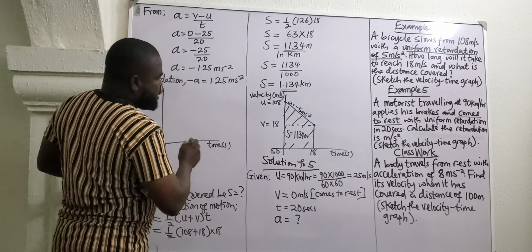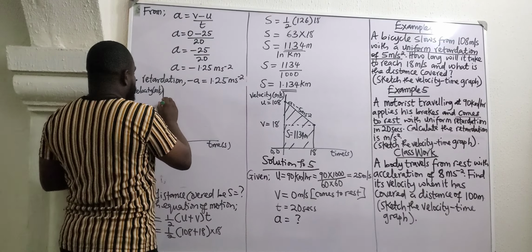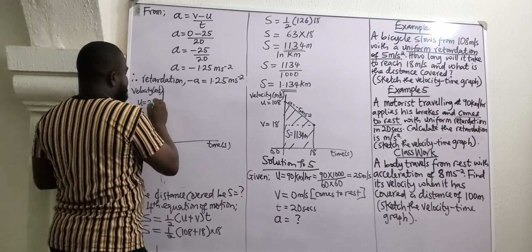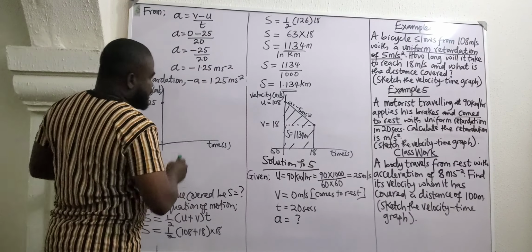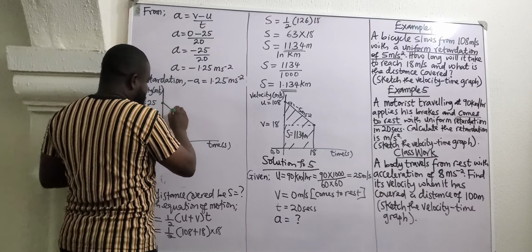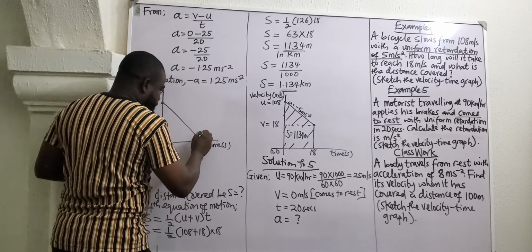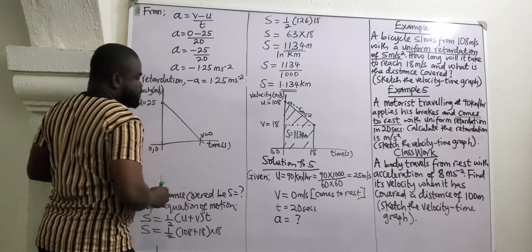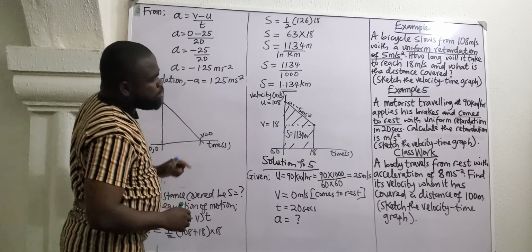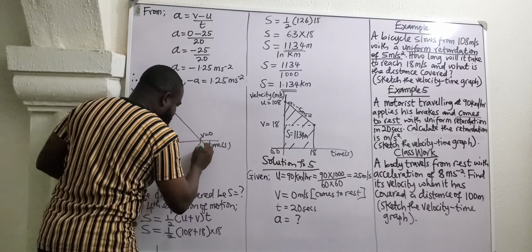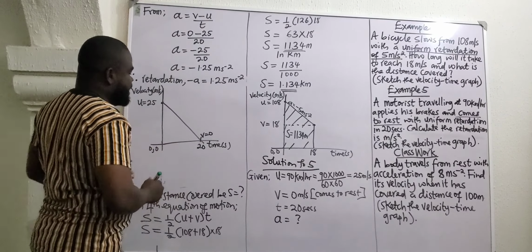Now, this body started with a velocity u equals 25 meter per second, and then retards to rest. So it comes to 0, with final velocity here being equal to 0. Then the time for the motion is what? 20 seconds. So this 20 seconds is on the time axis.